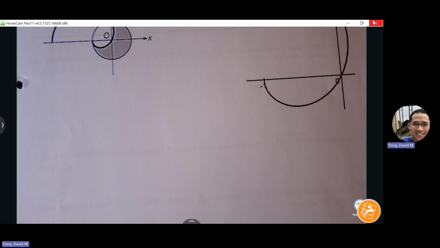Only if they specify. There has to be some indication that there's time involved for you to do related rates. It has time involved, because for part C, it says d theta dt equals 2 at the top. The direction gives us indication that there's time involved.